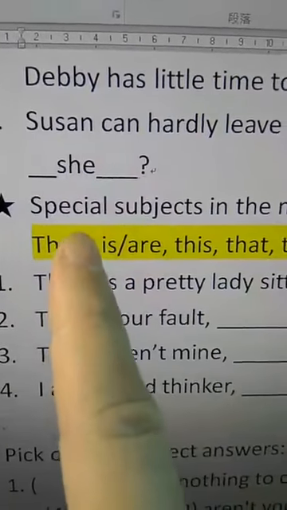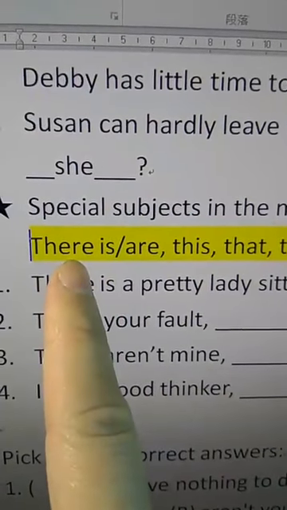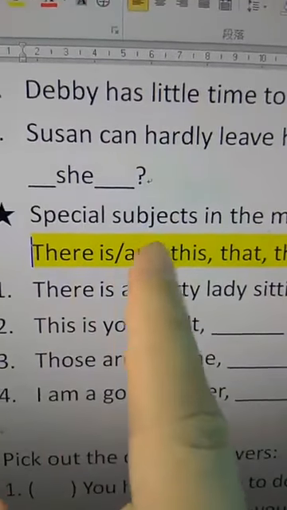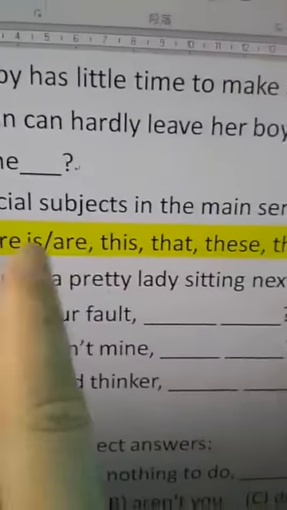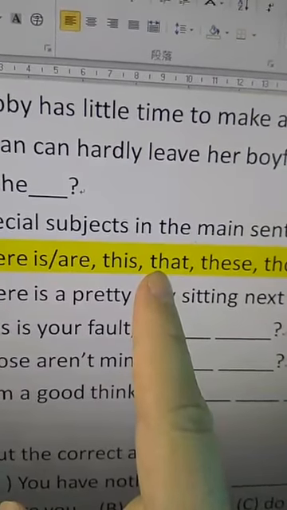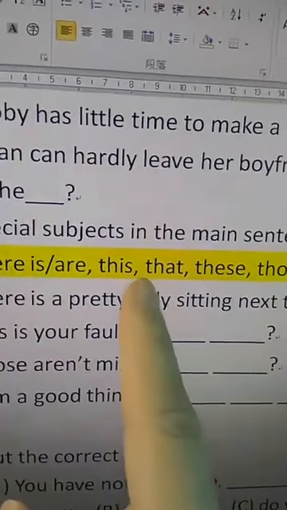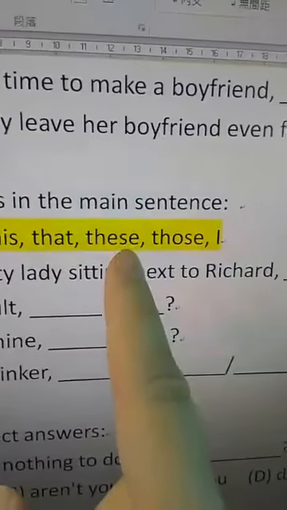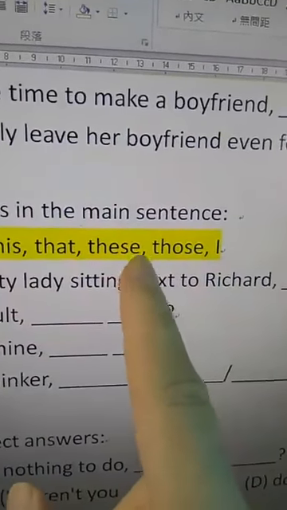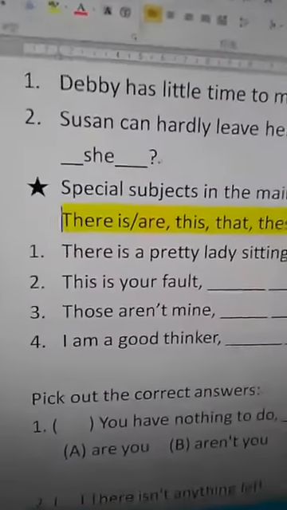And remember, when you see a subject like there is, there are, you also use there as your tag question. Whenever you see this or that as a subject in your main sentence, then you use it. And whenever you see these or those, you use they. Okay, so let's do it.